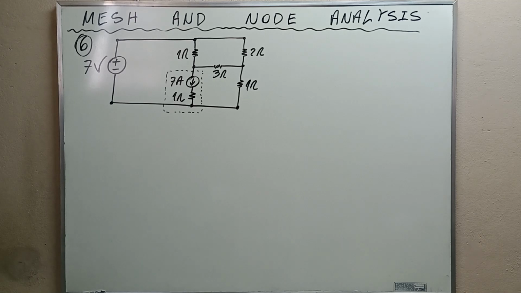If a current source is common to two meshes, we can create a super mesh by avoiding the current source and any passive element connected in series with it. Alright, my friends, so this is how we deal with a super mesh.